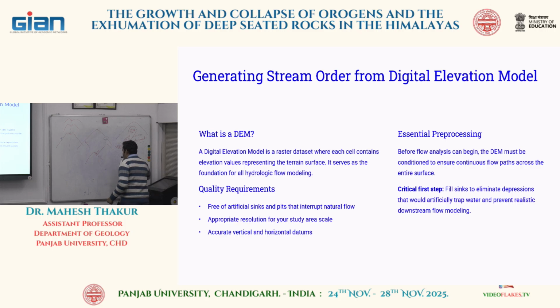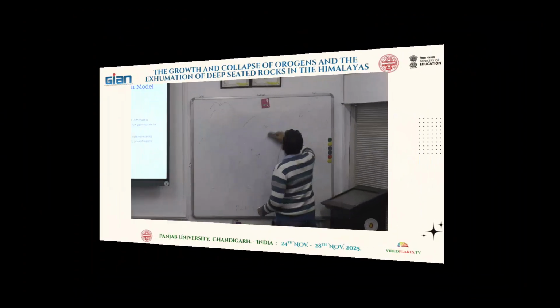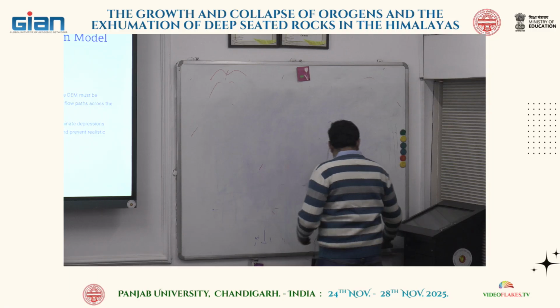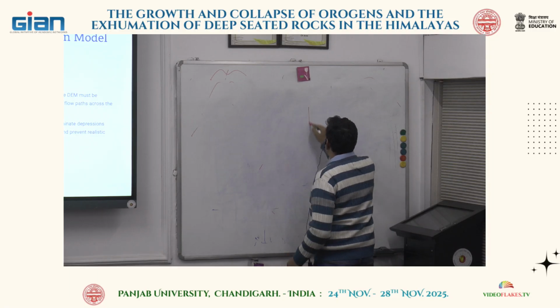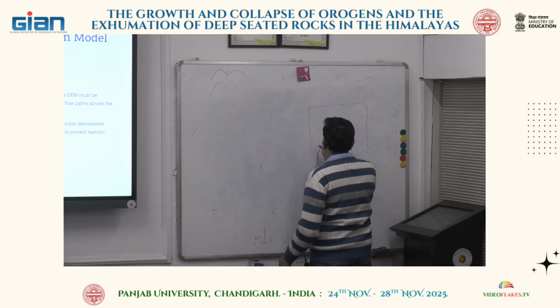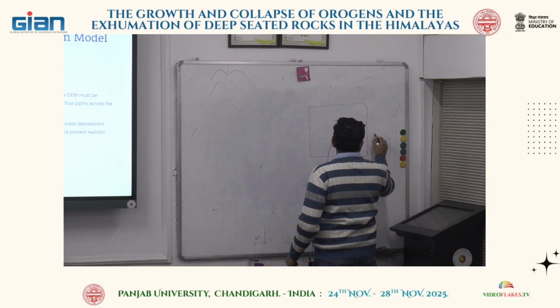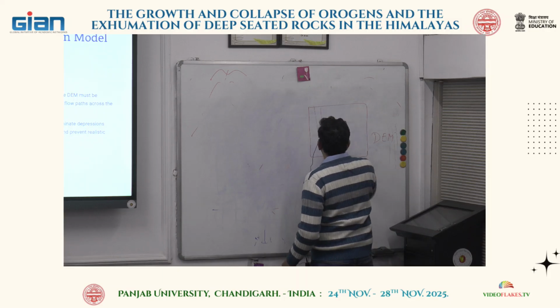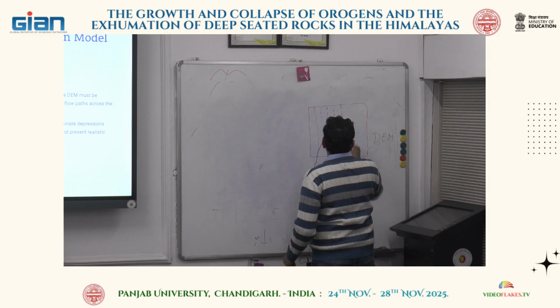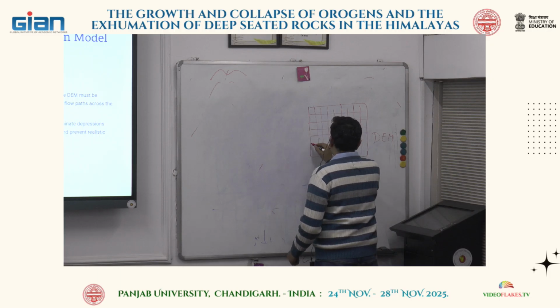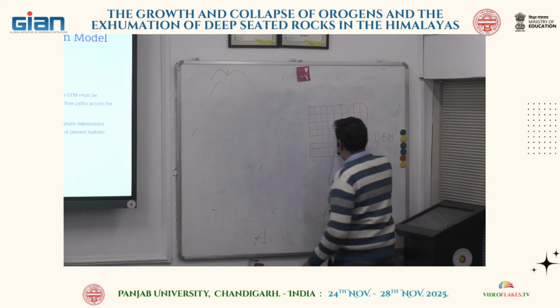So when you have raster data, let's say we have some elevation, a digital elevation model, DEM, of any area. So basically these are the columns and then you have rows. So these are the different cells which are present in a raster.